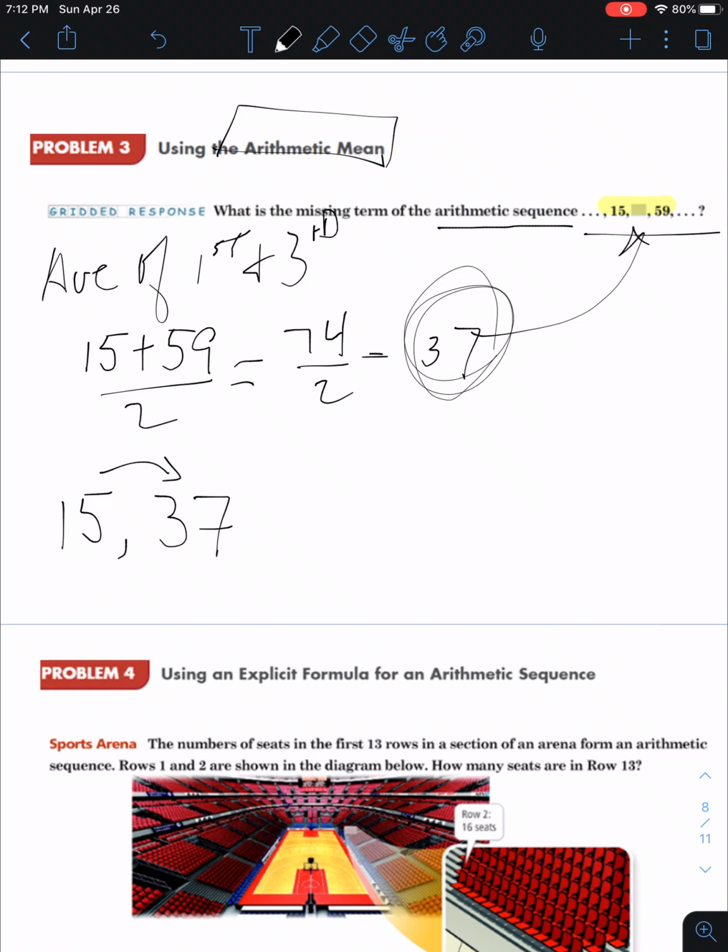That is a difference of 22. Then if you take your 37 and jump to the last number in the sequence, 59, that also is a difference of 22. Since the differences match, we know we've got the right term at 37. And that's how we use the arithmetic mean to find that one.